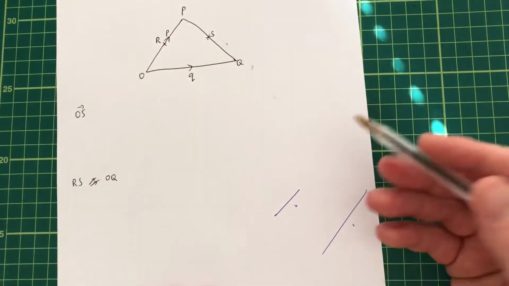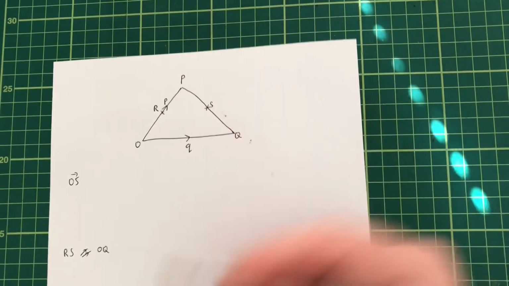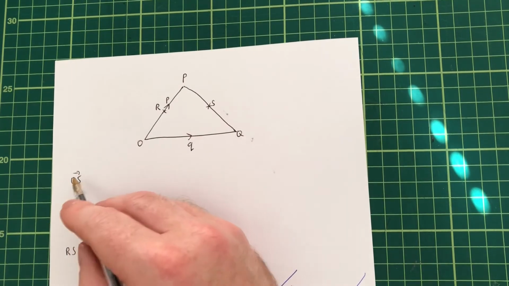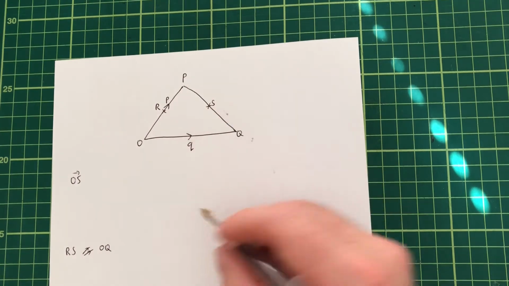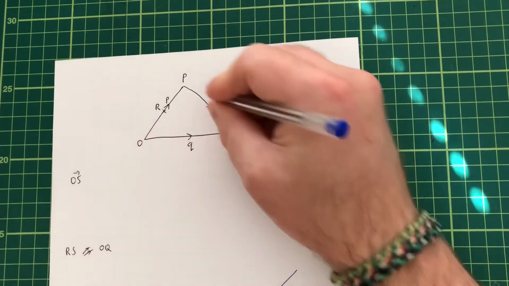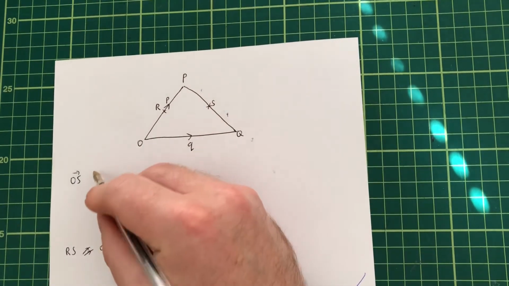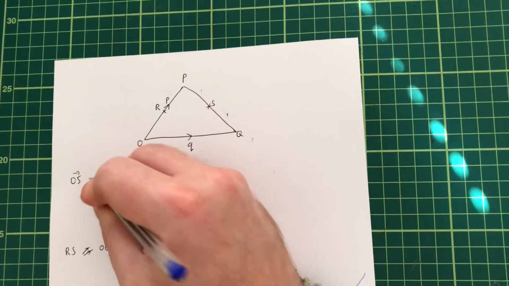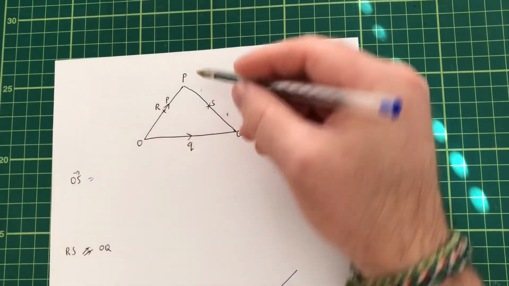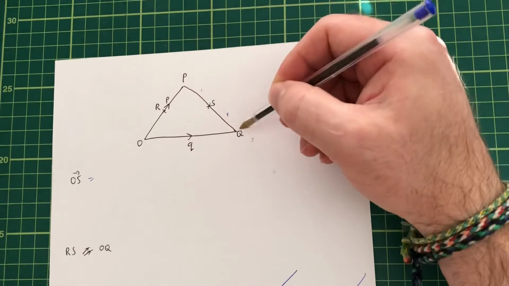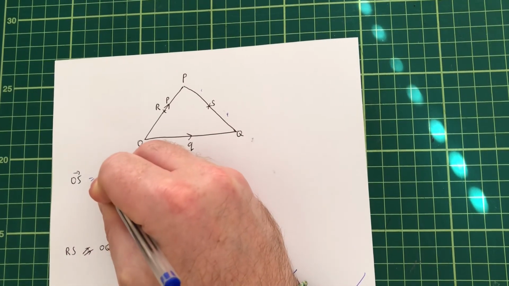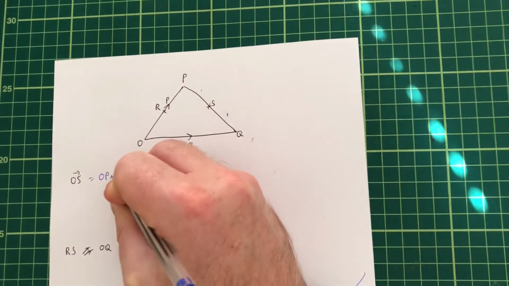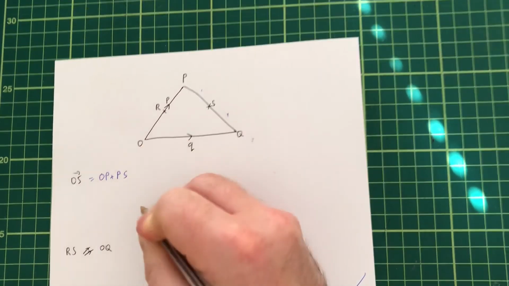So R to S parallel to O to Q. So the first thing the question will ask is to work out what is O to S. So with this one, this is a midpoint again. So O to S is, we can work out P to Q. So we're going to work out O to P plus P to S.